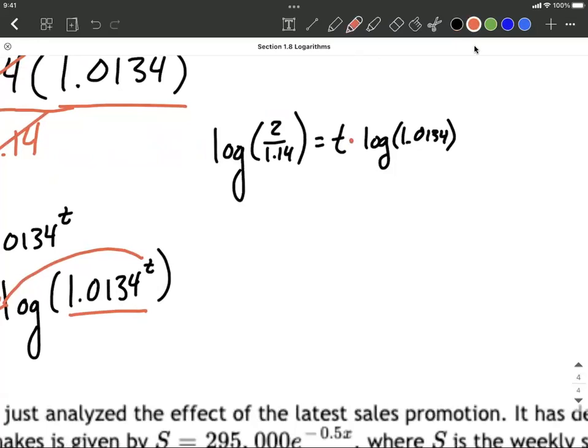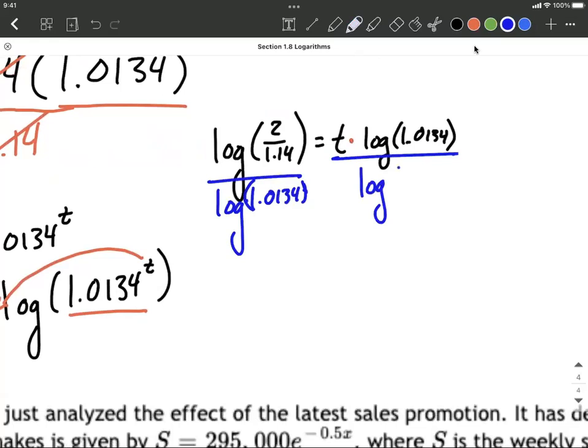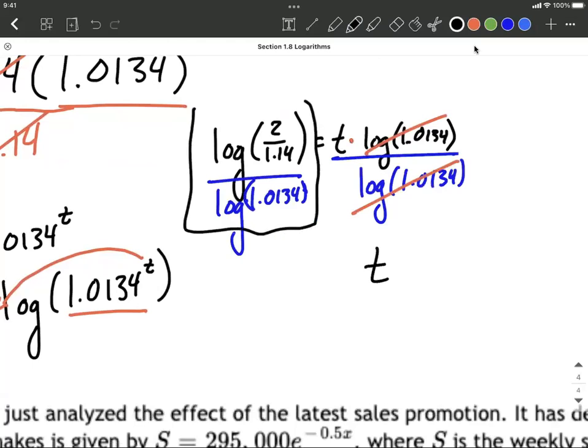So to get t all by itself, we'll divide both sides by that log of 1.0134. Do the same thing on both sides. Those logs will go away on the right-hand side, and we'll be left with t all by itself. All right, and then it'll be exactly this for our exact solution.